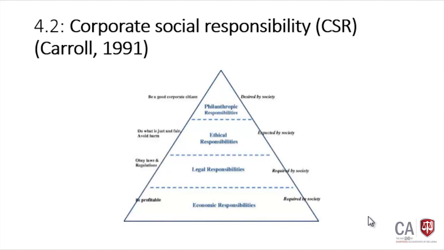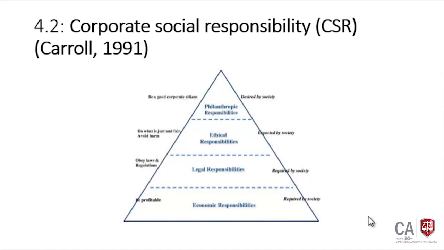When you go down, the other way happens, the importance increases. So, according to the Carroll pyramid, there are 4 responsibilities. The first one is economic responsibilities, second one legal responsibilities, third one ethical responsibilities, fourth one philanthropic responsibilities. This is according to the level of importance of them to the business survival.